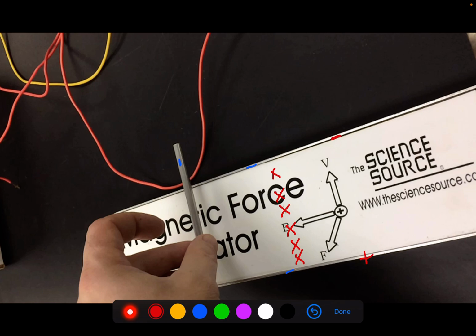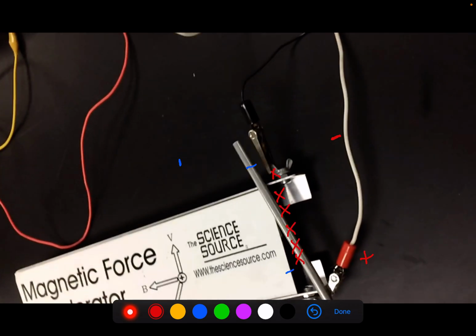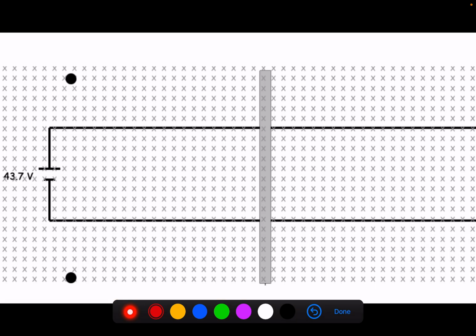Right now, there's no electricity flowing through the system because the metal bar is not actually touching the rails yet. When we drop it onto the rails, you'll hear the electrical sparks and you'll see the metal bar, metal roller actually in this case, pushed to the right. If we reverse the electricity, it would have been shot to the left.